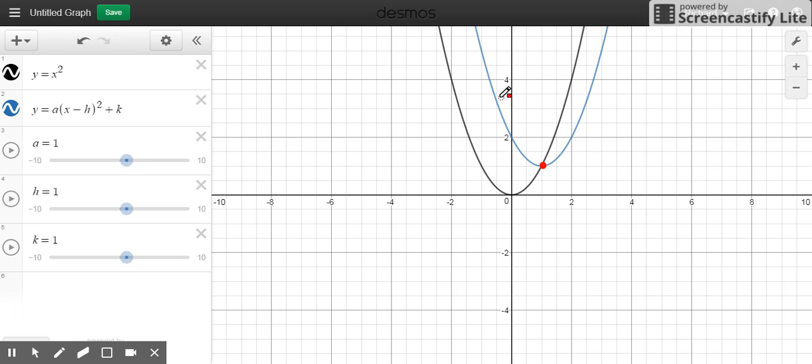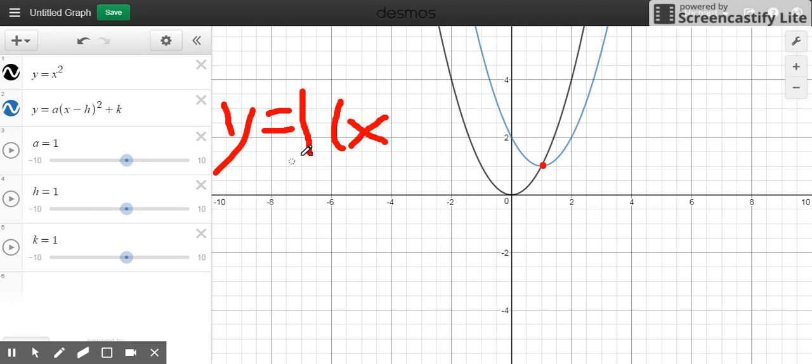So let's see what the equation of this blue graph actually is. Okay, so if I look at that, let's see what these things actually mean. So I have y equals, and then my a value is really just 1. Typically, we don't write that because we assume 1 is there, but we're just going to type the 1 in anyway. So we got 1 parentheses x, which is our other variable.